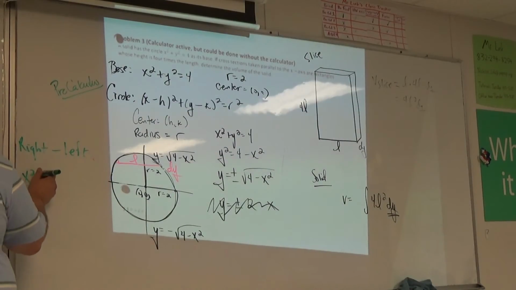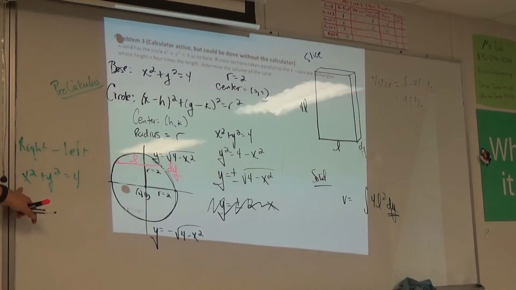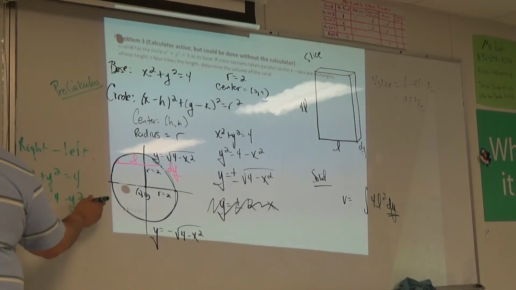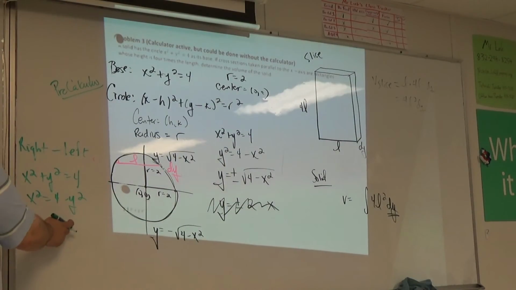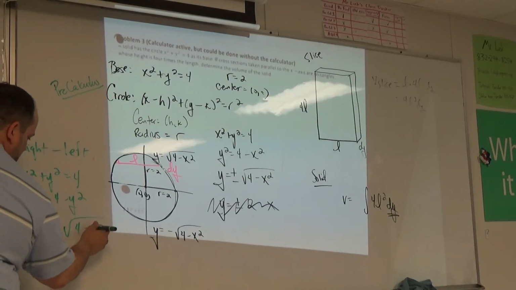So don't tell me x squared plus y squared equals 4. That doesn't do me any good. I need to get this in terms of y. So we're going to solve this for x. If x squared equals 4 minus y squared, well then what is x really? Square root of 4 minus y squared.